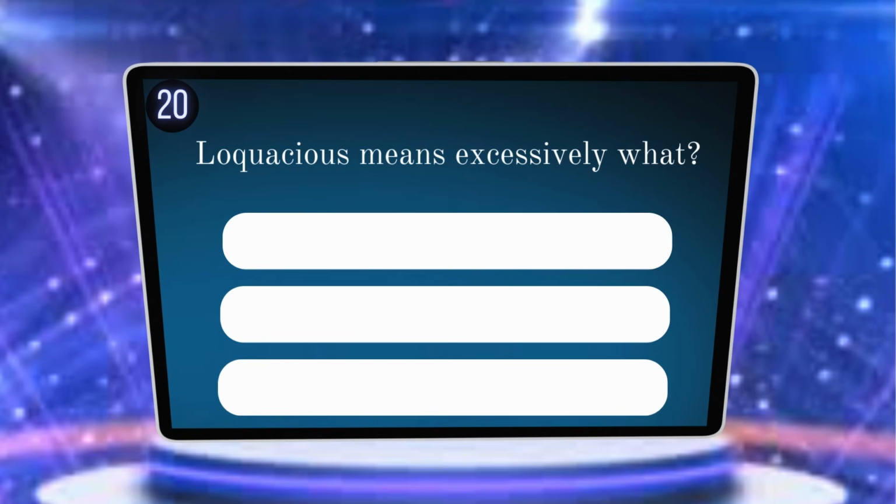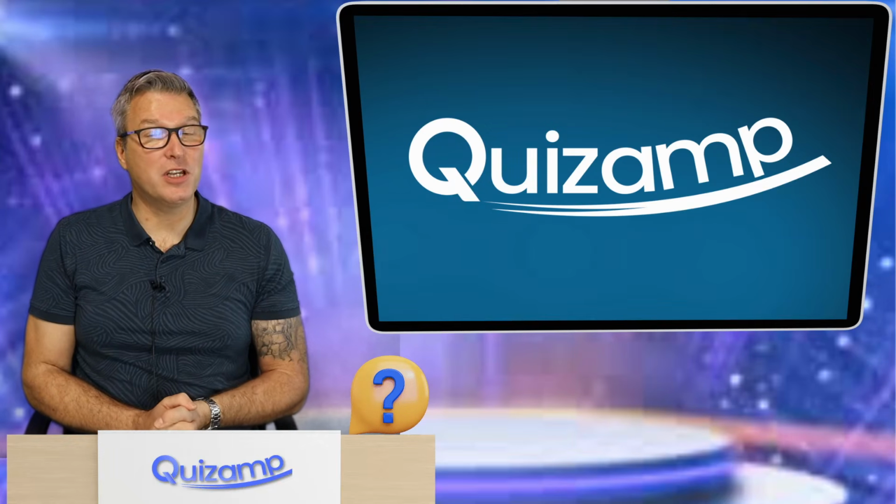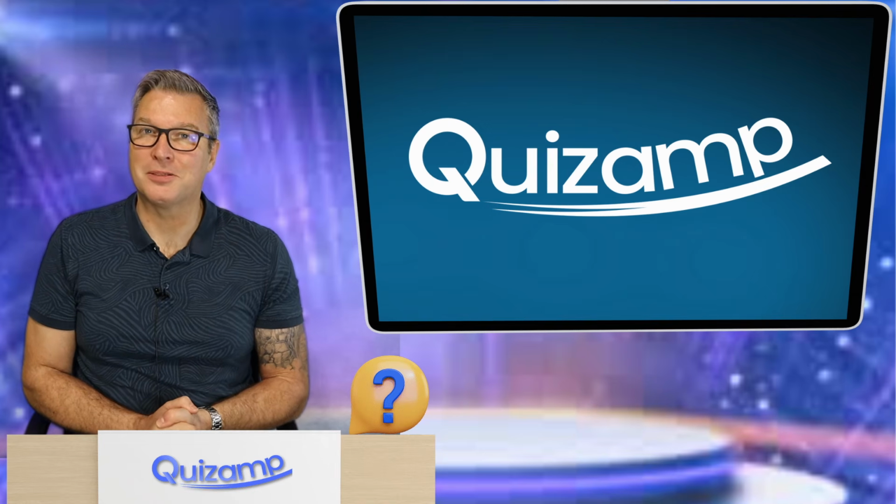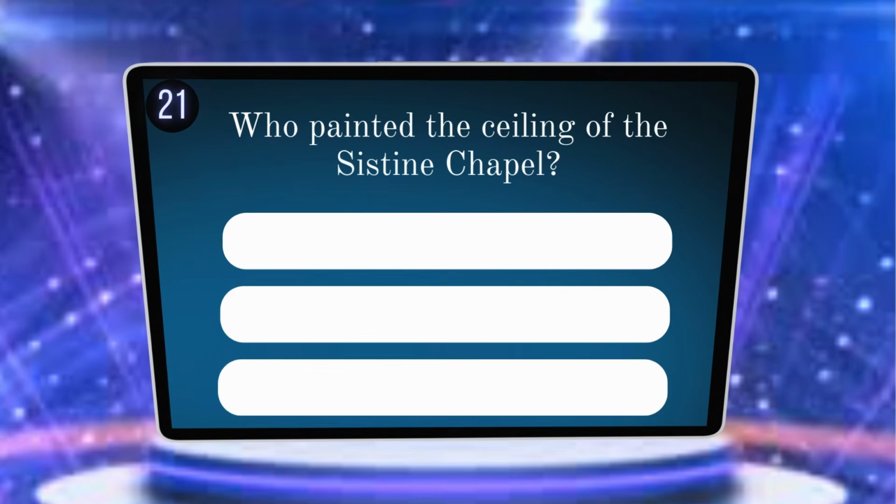Loquacious means excessively what? Talkative, quiet, or angry? And the correct choice there is talkative. And the final subject for these first 5 rounds is the Renaissance. Who painted the ceiling of the Sistine Chapel?